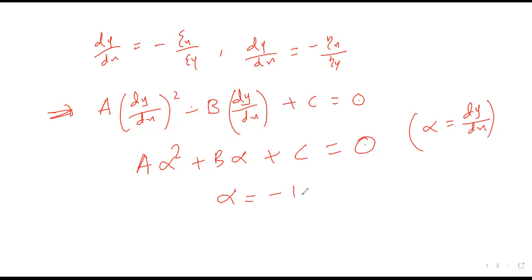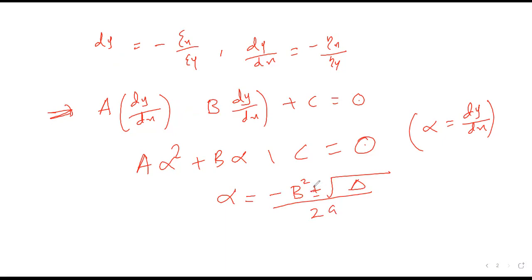Minus b plus or minus the square root of delta, that is, b squared minus 4ac, over 2a.